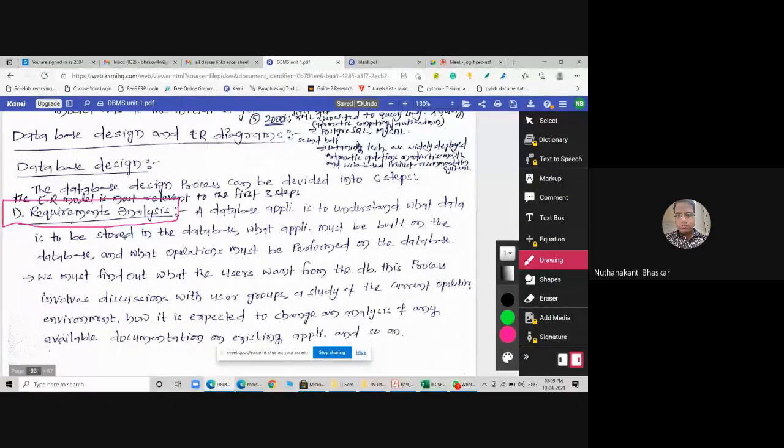Faculty, students, canteen, classroom, library, sports, maybe the bus, the administrative office, the examination branch, the departments and labs. These are the entities I have identified.